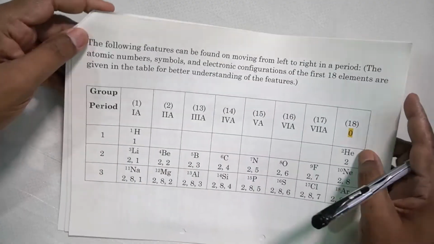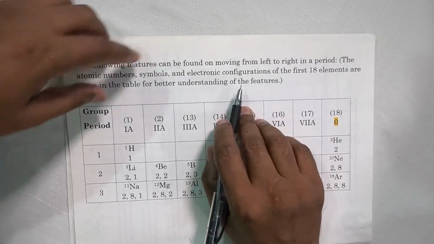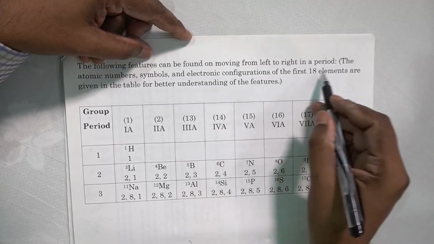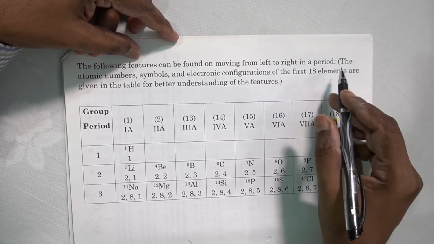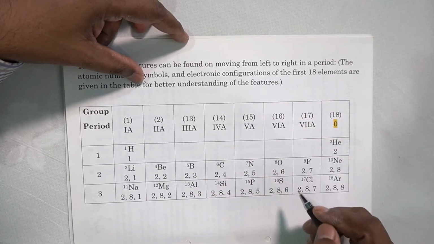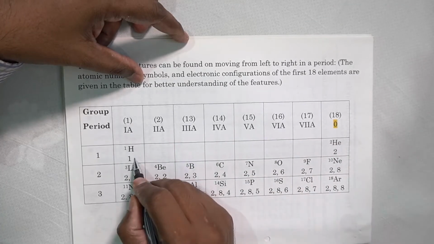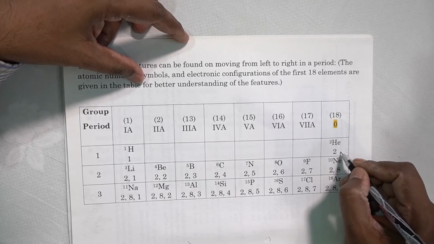Then there are some features that we can see along the periods. In the modern periodic table, moving from left to right, the atomic numbers, the symbols, and electronic configuration have all been given in this table. I have made this table where you can see the first element hydrogen is here, and the next, helium, is placed here.